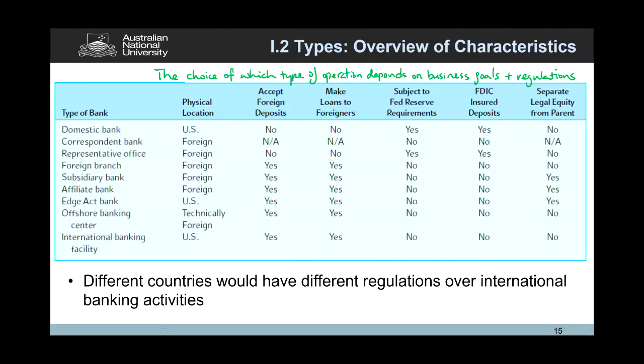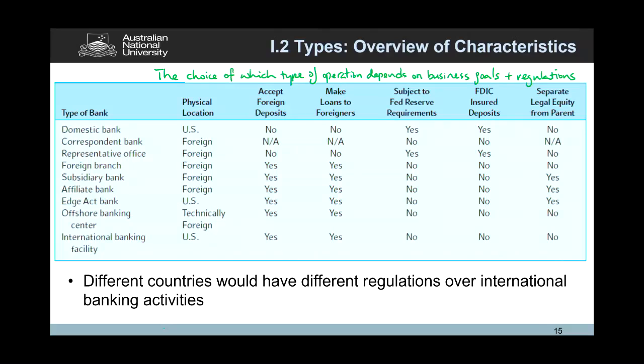And then we go into foreign branches. Now we have to actually send people and establish an office in the foreign country, so it's even more involved. In this case, you're able to take deposits and make loans to foreigners. So that's one step up. The key difference between a foreign branch and a subsidiary is in terms of regulations.